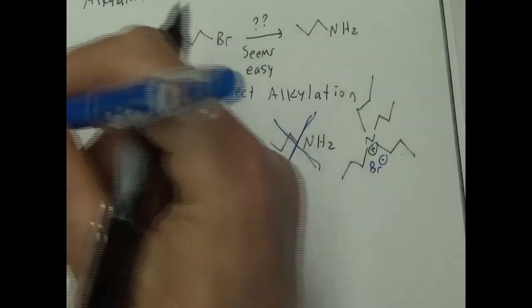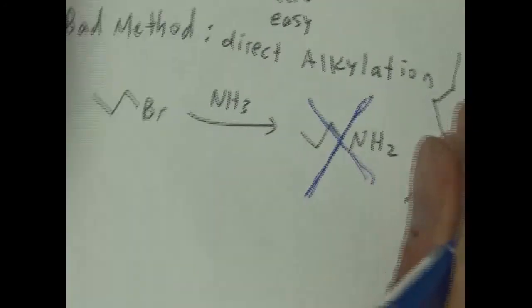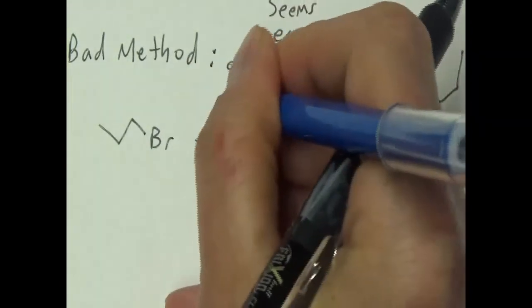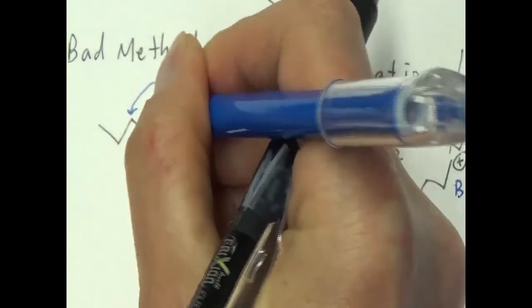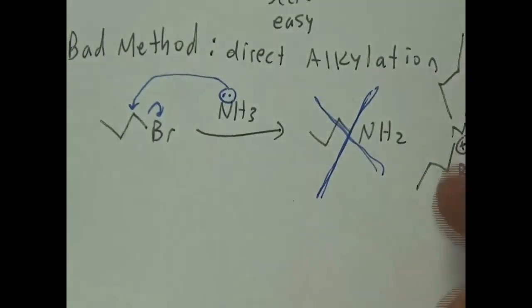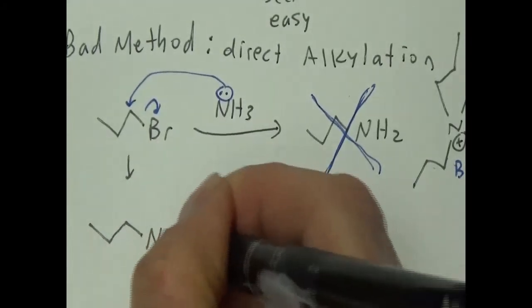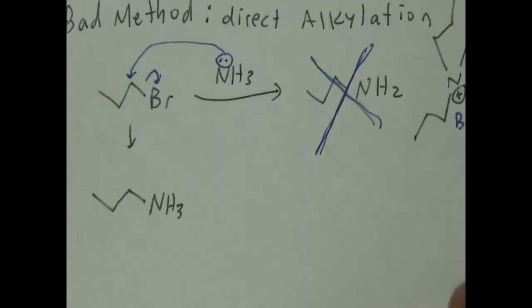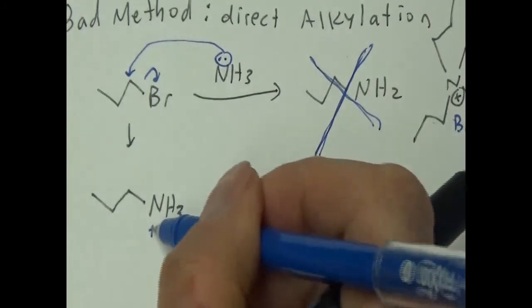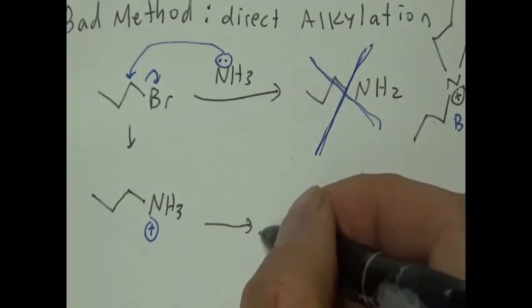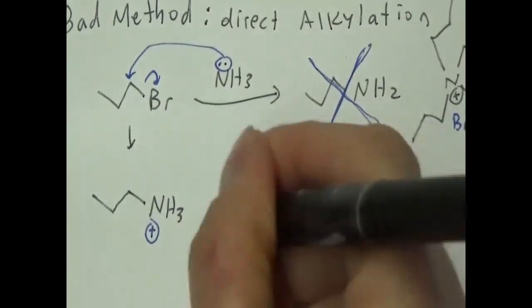Okay, so what's the mechanism? It's really easy. Organic 1, right? SN2 reaction. Good nucleophile, good leaving group. Seems like we're off to a good start. What's the charge on nitrogen now? It's positive. We have to take off a proton. Actually, I'm going to go downward, I think.